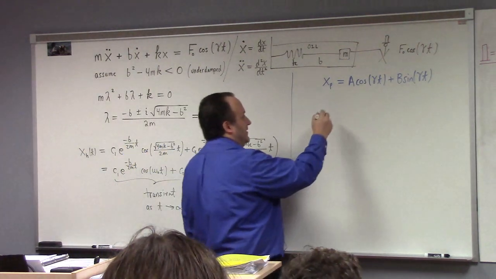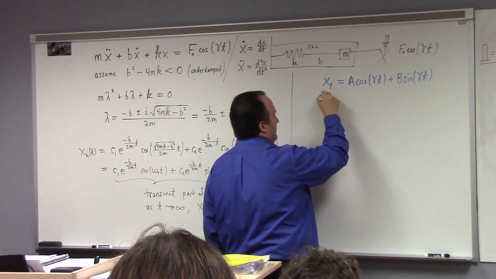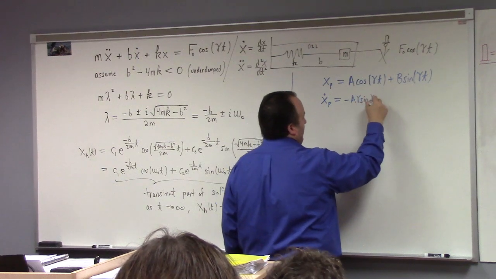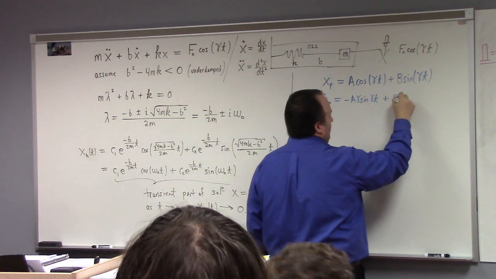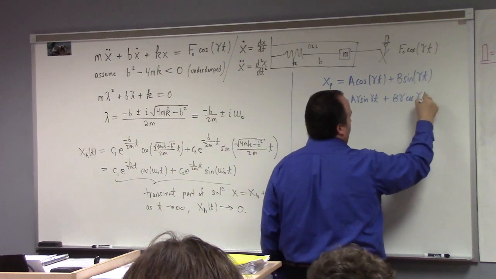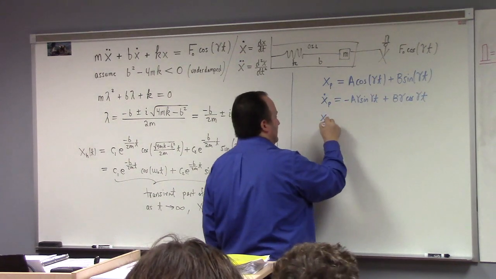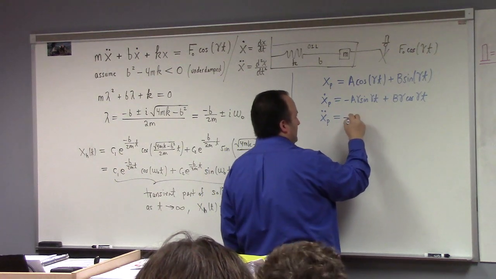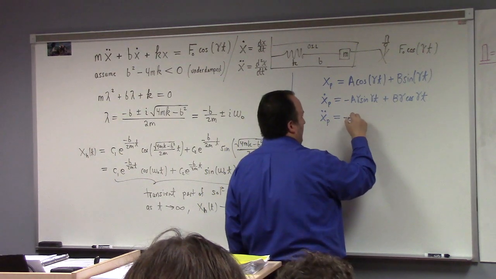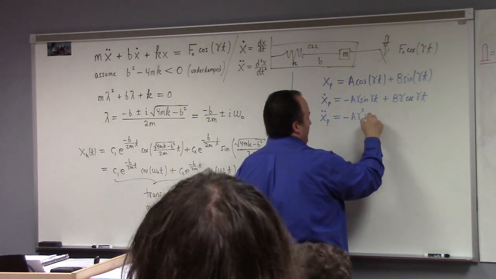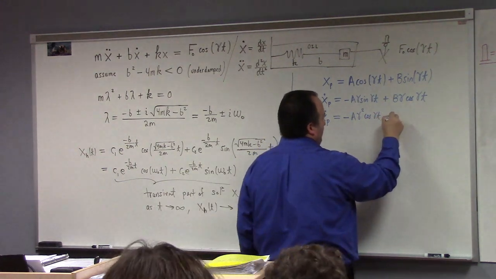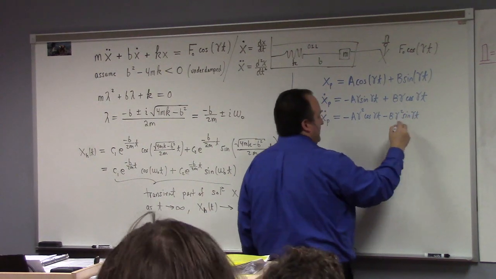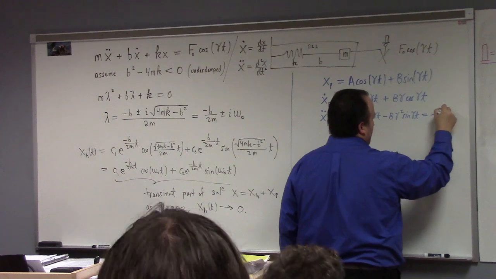And then, of course, we calculate our xp dot. We get minus a gamma sine gamma t plus b gamma cos gamma t, and then xp double dot is minus a gamma squared cos gamma t minus b gamma squared sine gamma t, which, if you tilt your head and squint, you should be able to see is minus gamma squared xp.